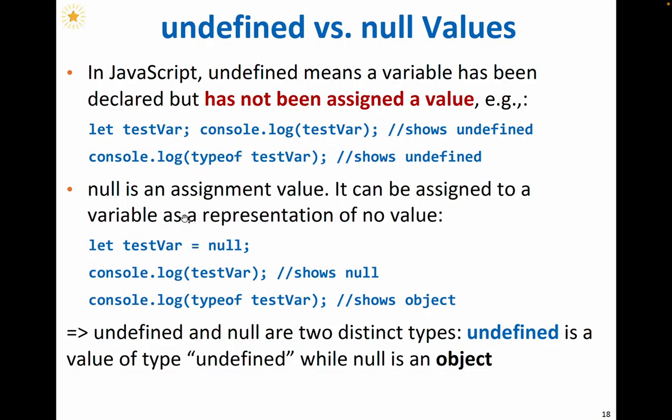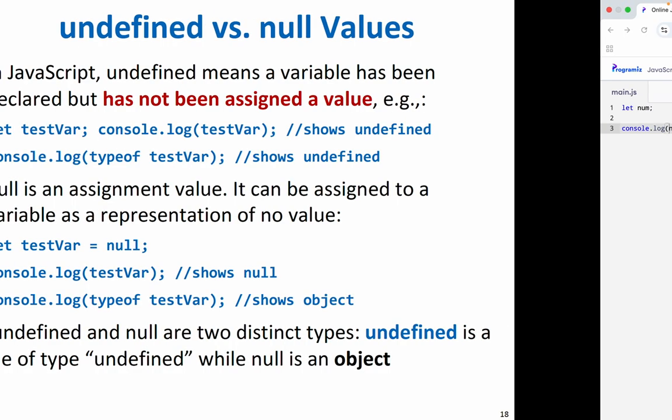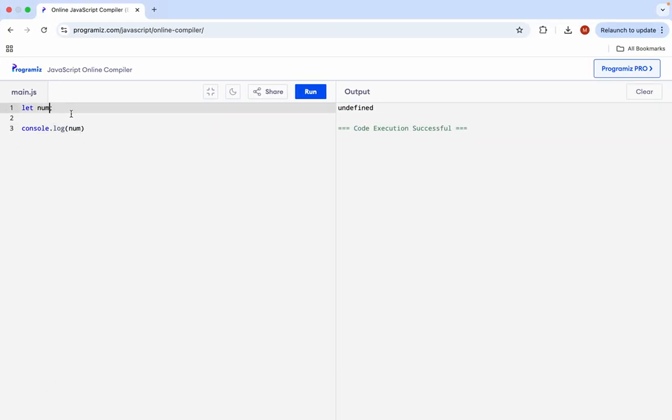But null is an assignment value, so we can assign it to a variable to represent a no value. So we can assign null to a variable, and then the result will, of course, be null. But the interesting thing with null is that if you try to check its type, you'll get an object.